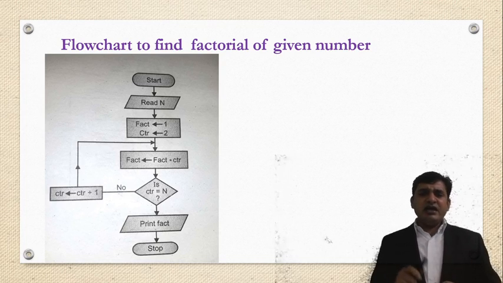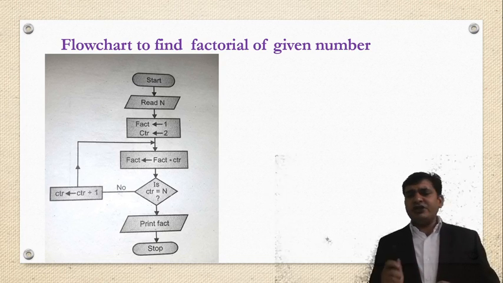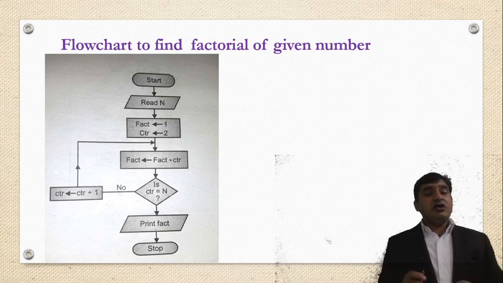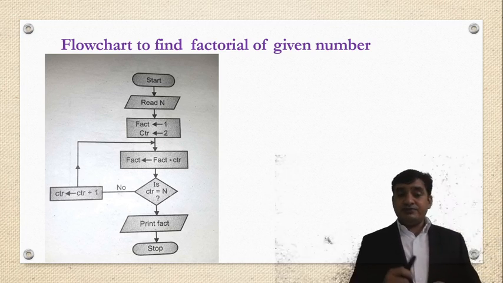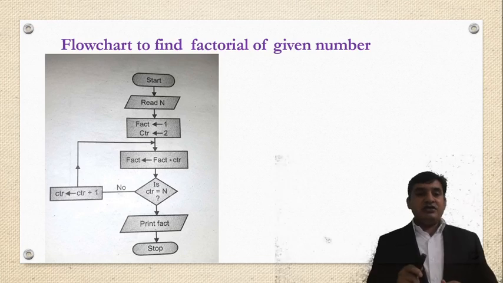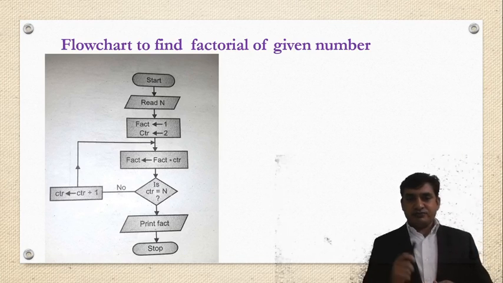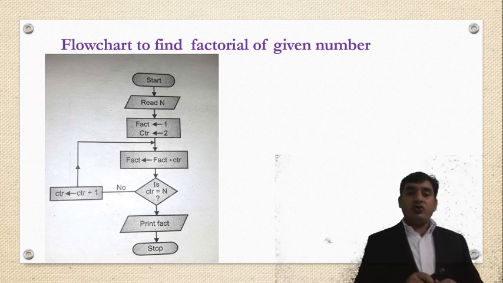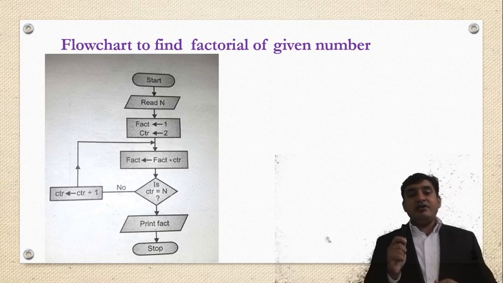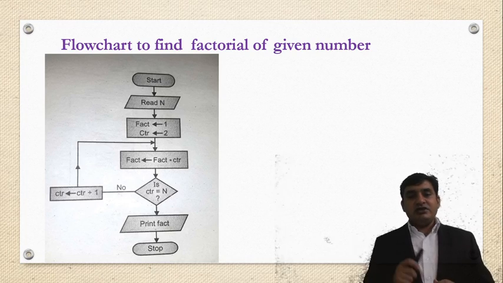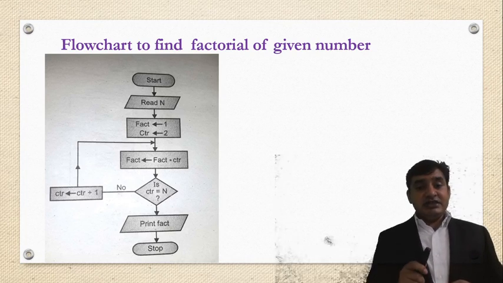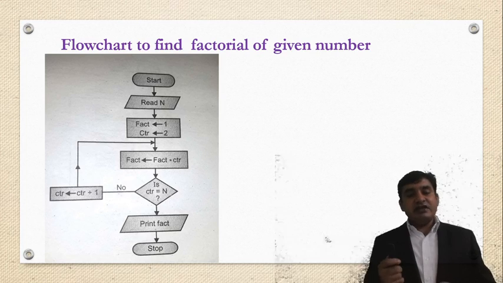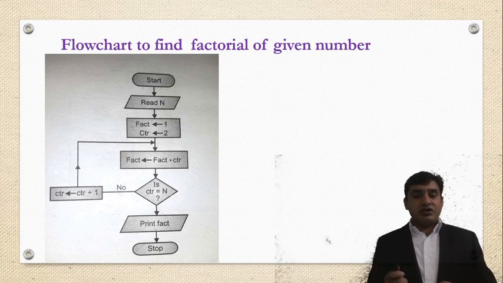Now again, is counter equal to n, the number whose factorial we have to determine? If no, then counter is incremented by 1. Now the counter is 4. Again, fact is equal to previous fact into counter, that is 4.